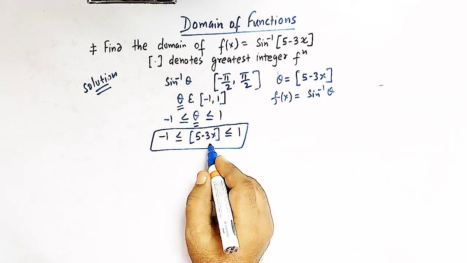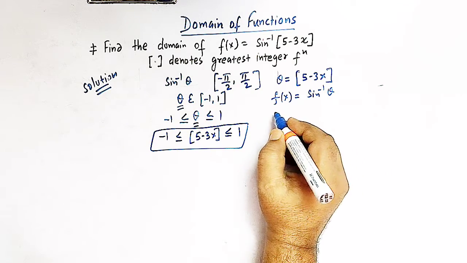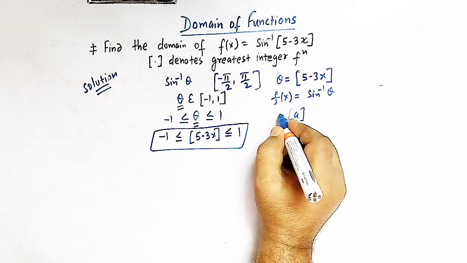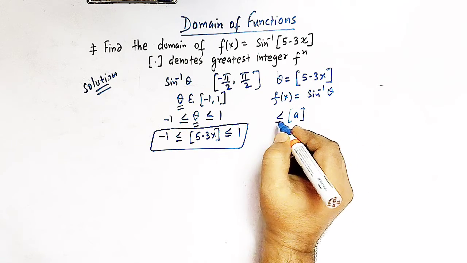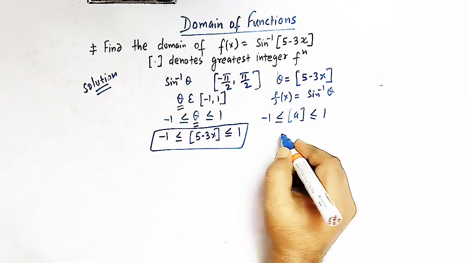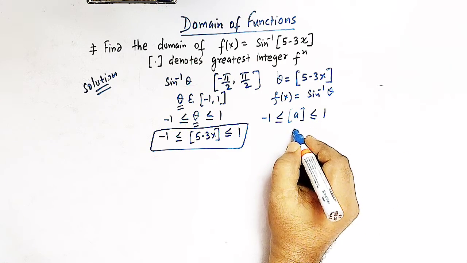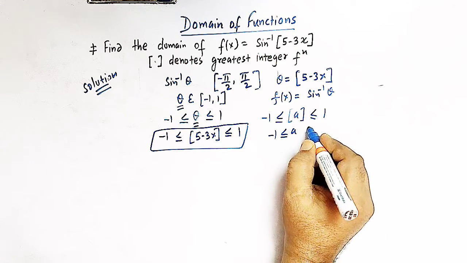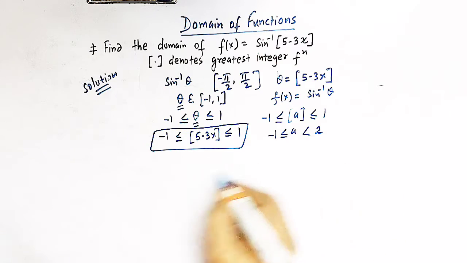Here we'll make use of this important result: if the greatest integer of a is greater than or equal to minus 1 and less than or equal to 1, then the value of a is greater than or equal to minus 1 but less than 2, right?